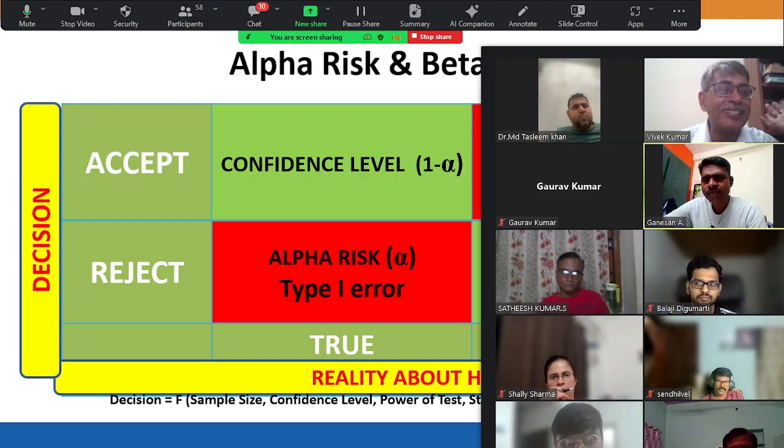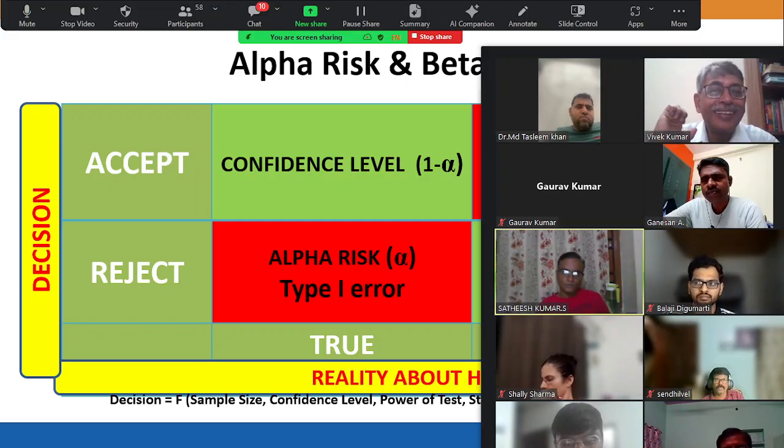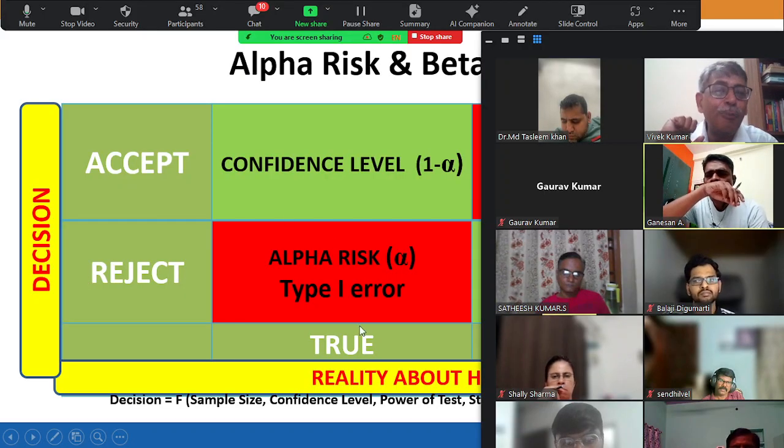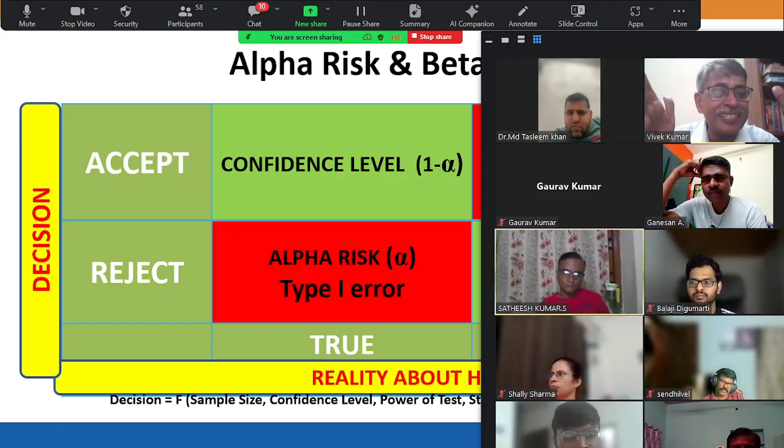Just by looking at this graph and whatever I have discussed, I am very sure that you will be able to reconstruct this sentence in your mind. The risk of rejecting a null hypothesis which is actually true is known as alpha risk or manufacturer's risk. Can you visualize this? Can you think of how this sentence is coming?